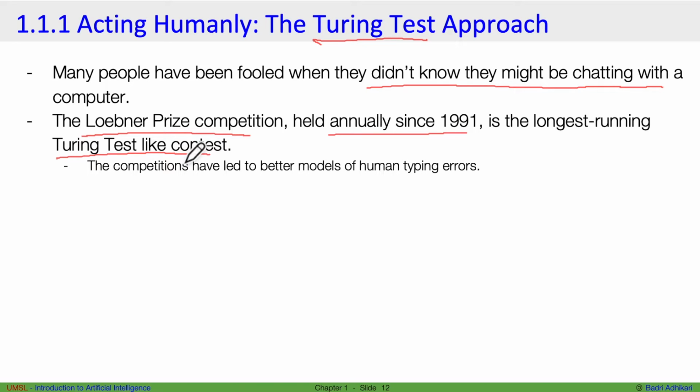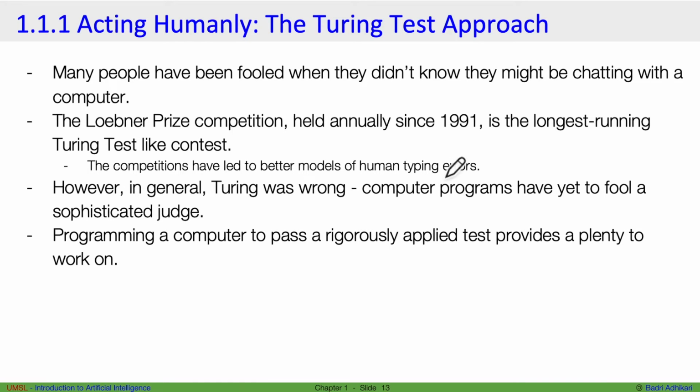Even though since the competition started we haven't been able to convincingly pass the Turing test, because of those competitions, people have built methods that are very good at checking and finding out human typing errors, auto correcting them, and so on.